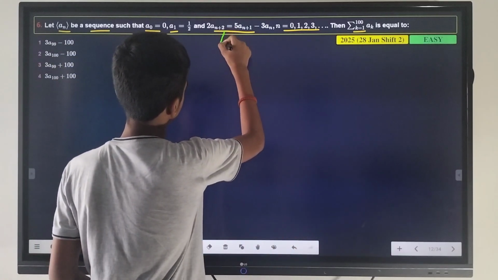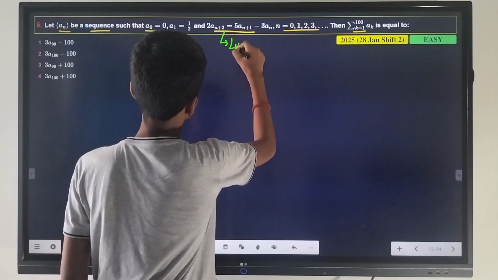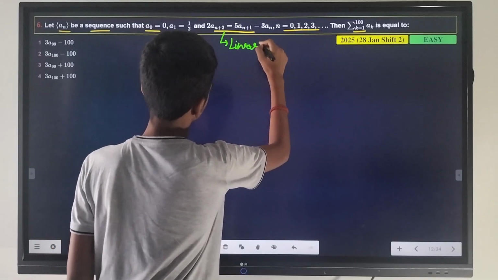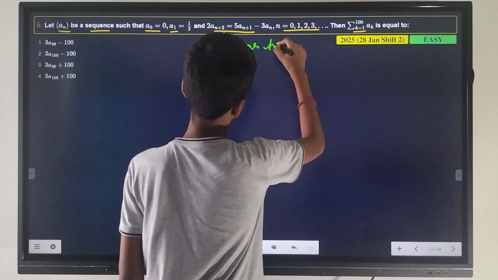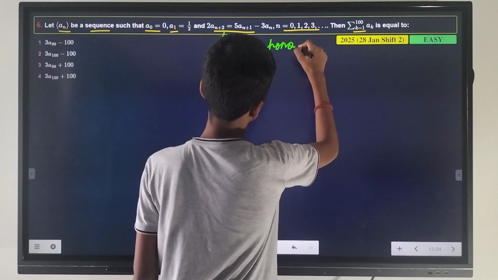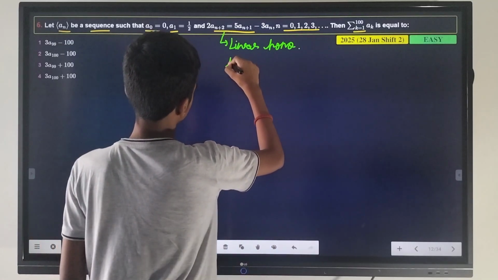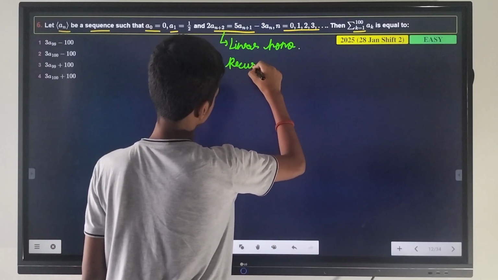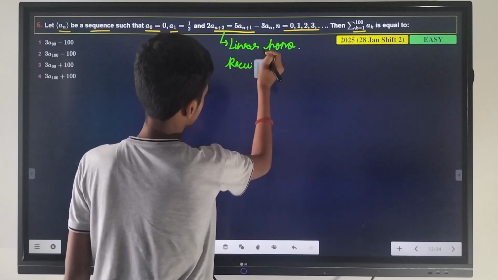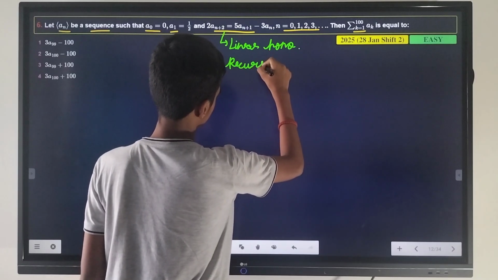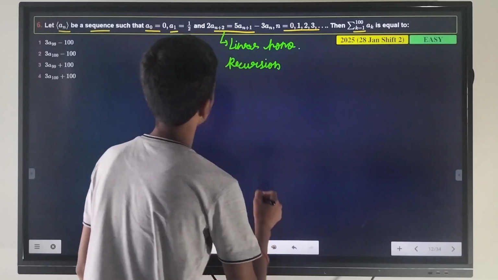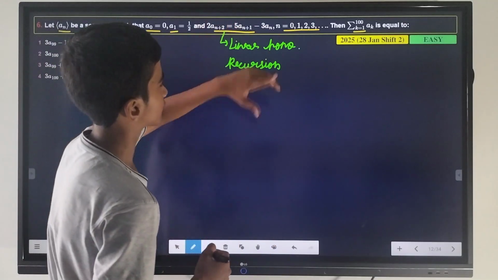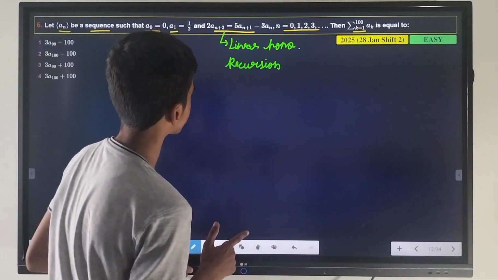this given equation is linear homogeneous recursion. Now only these type of equations are linear homogeneous recursions.